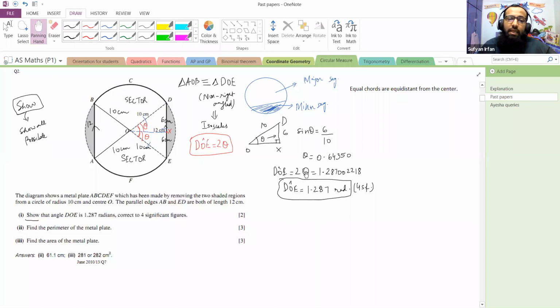So every step has to be shown clearly so the examiner's doubt is removed and the examiner is sure that you have done it the right way. Because if the answer is already given and you are just writing that answer, then it is not something extraordinary. The answer is there. You just have to show how you reached this answer. So that is particularly important. Whenever show is written, show all possible steps.